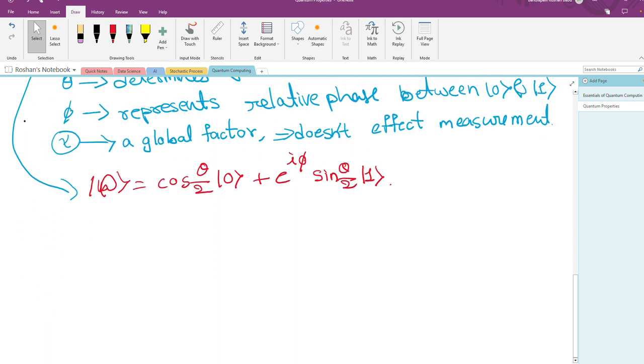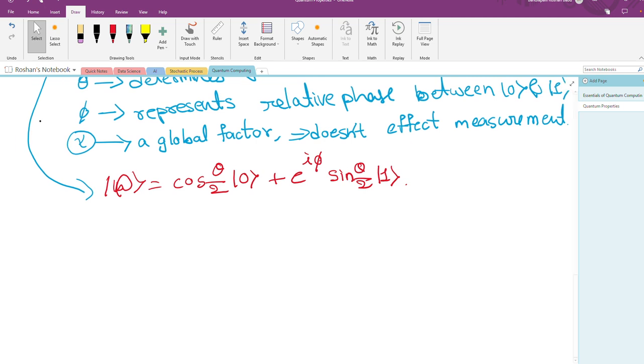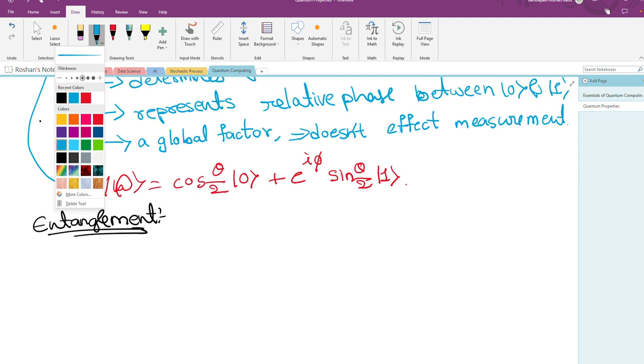Now we'll look into another property, entanglement. Okay.